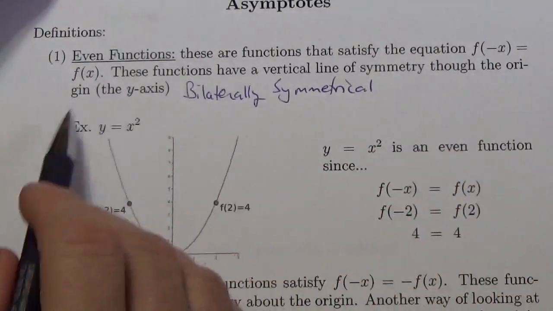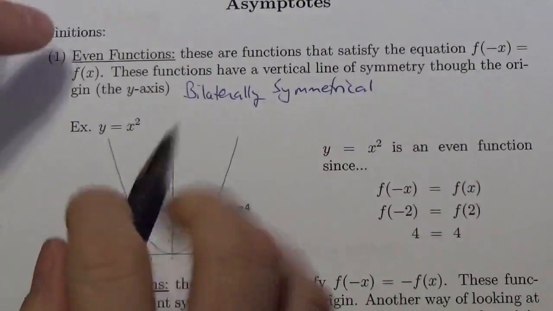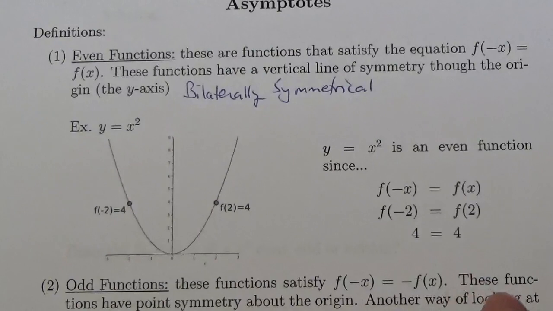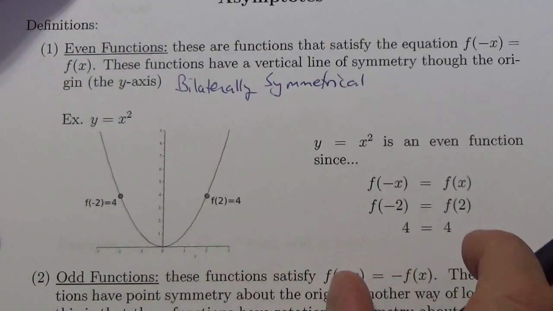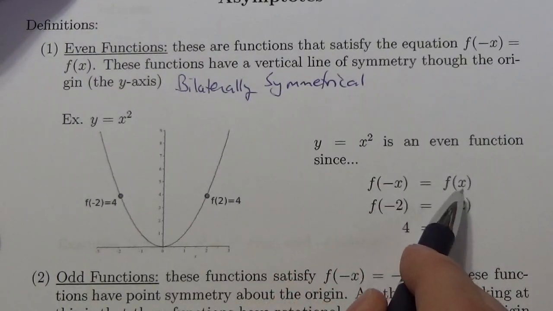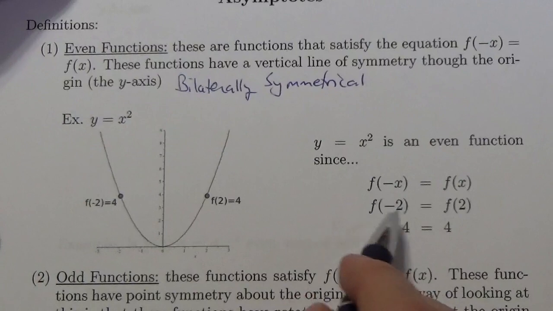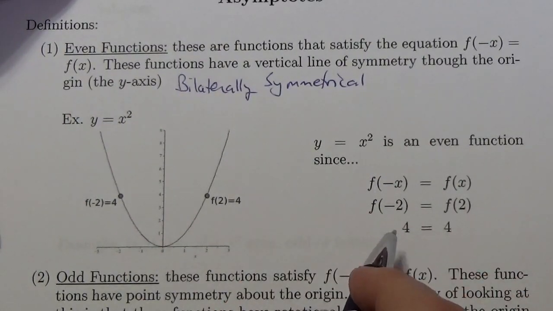The easiest example is just the quadratic, y equals x squared. Notice that the exponent here is even. I can show you that this is an even function, because when I replace x with negative x, I'm going to take negative 2 squared. We know that when we square a negative, we get a positive.